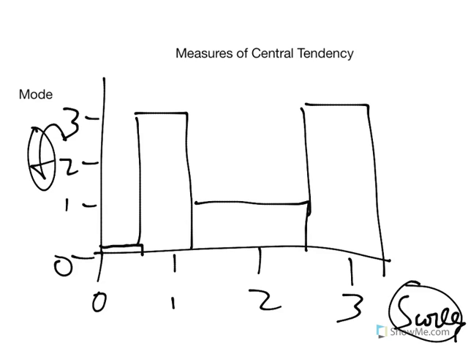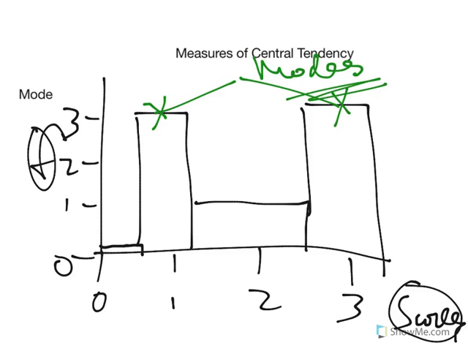So in this case, we know that there are actually 2 modes at the peaks. So in this case, the mode would be 1 and 3. Okay? I tend to graph it out first when I'm looking for modes and trying to determine if things are unimodal or bimodal.